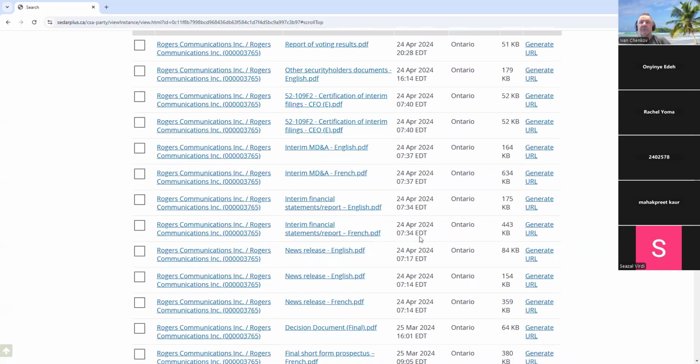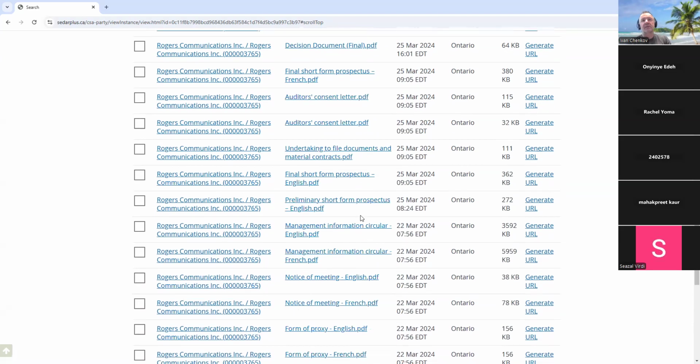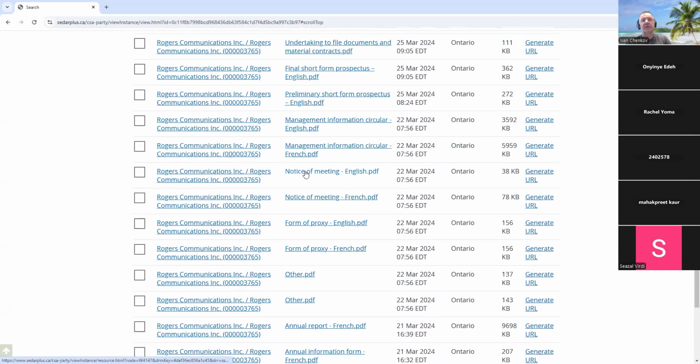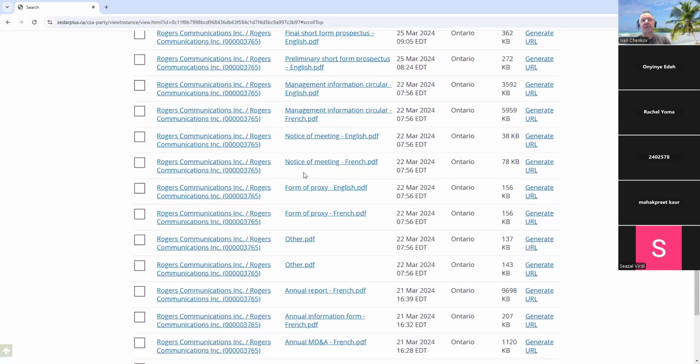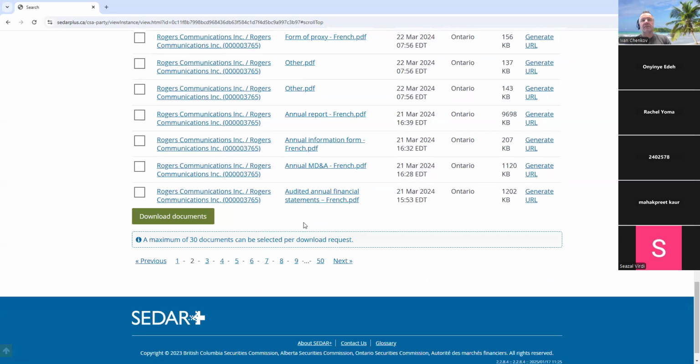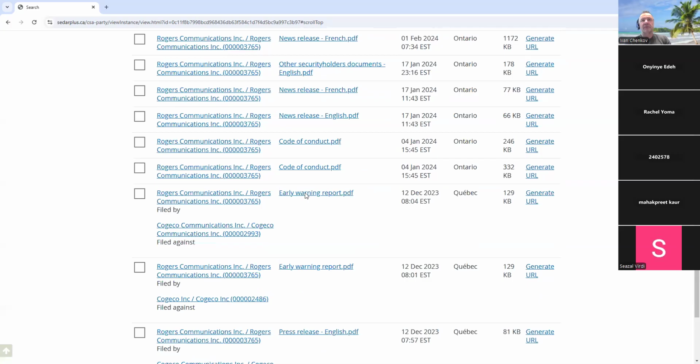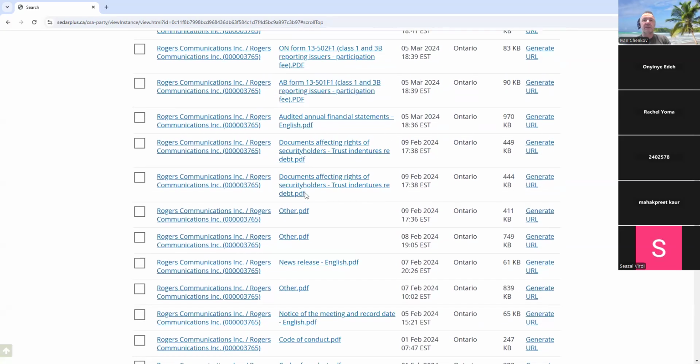Interim financial statements, as of April 24th, in French, in English. That means those will be for the first quarter, I guess, but that will be my guess. Auditors' consent letter, any communication with the auditors, any meetings, any available information which they think is important for the readers or for the investors, it's here.